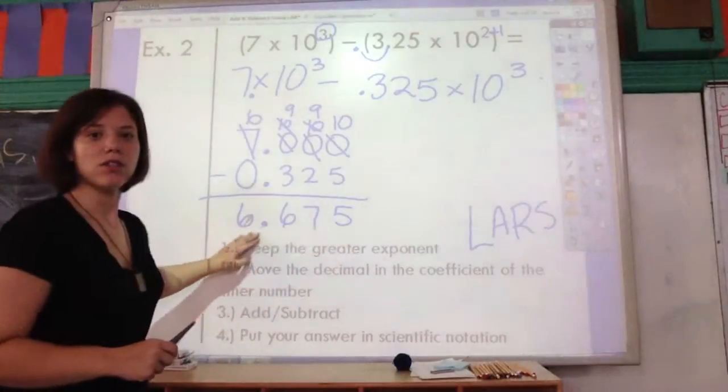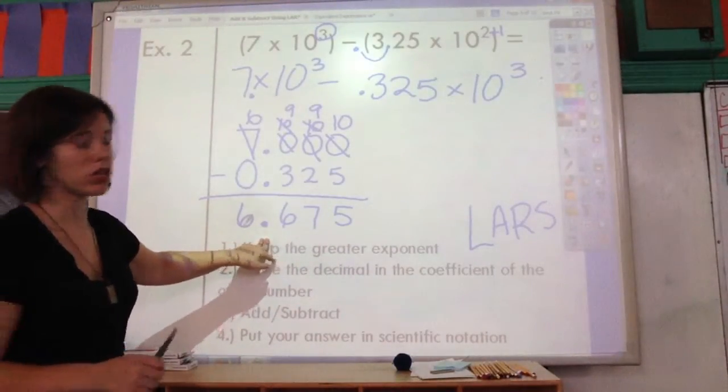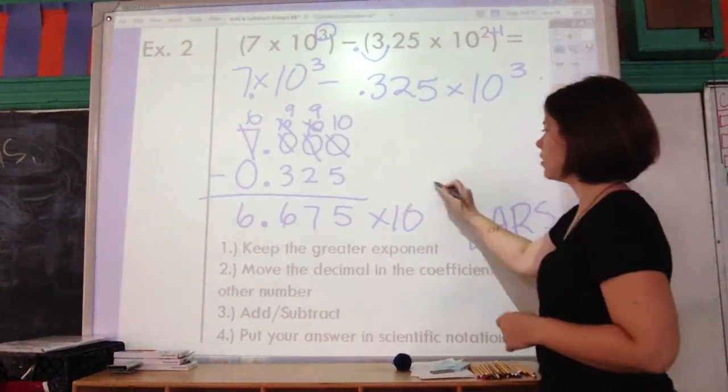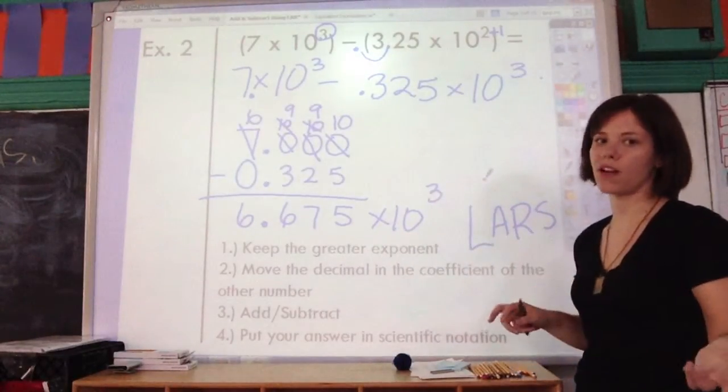This is a great coefficient because it's between 1 and 10, but I need to get this number back in scientific notation. So I'm going to rewrite it times 10, my exponent is a 3. 6 and 675 thousandths times 10 to the third is my final answer.